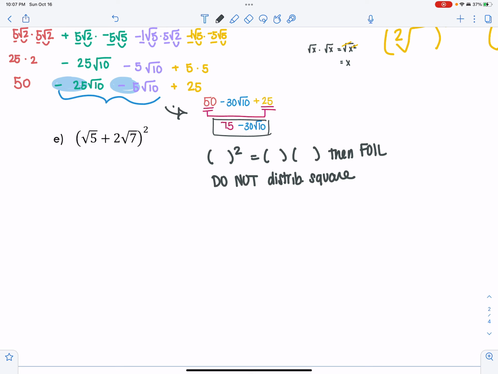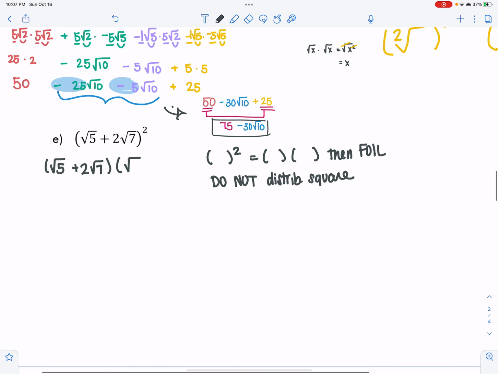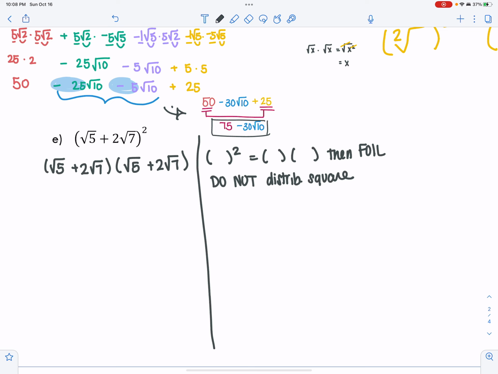So let's look at this one. The square root of 5 plus 2 square root 7, all squared. What we're going to do is rewrite this parenthesis twice because it is squared. If it had been cubed, then we would write it 3 times, which thankfully will not happen. All right, now I'm going to FOIL. First, square root 5 times square root 5.